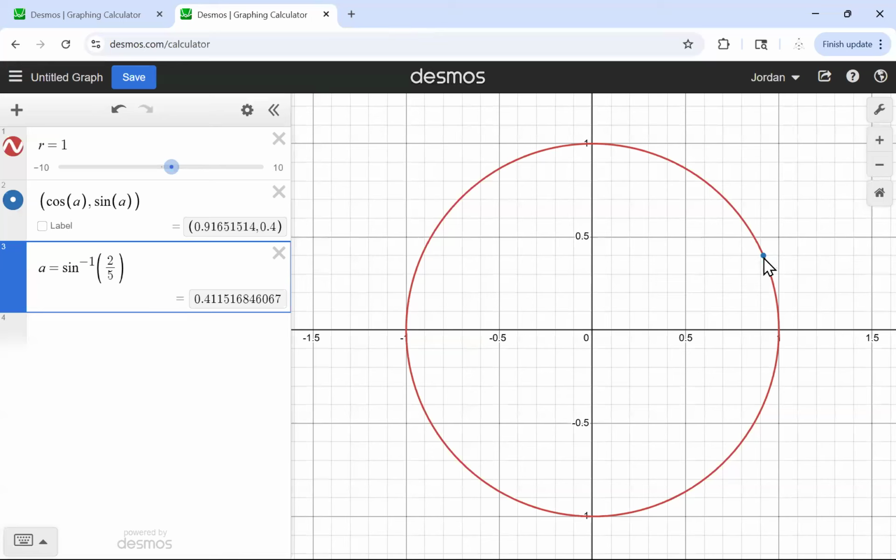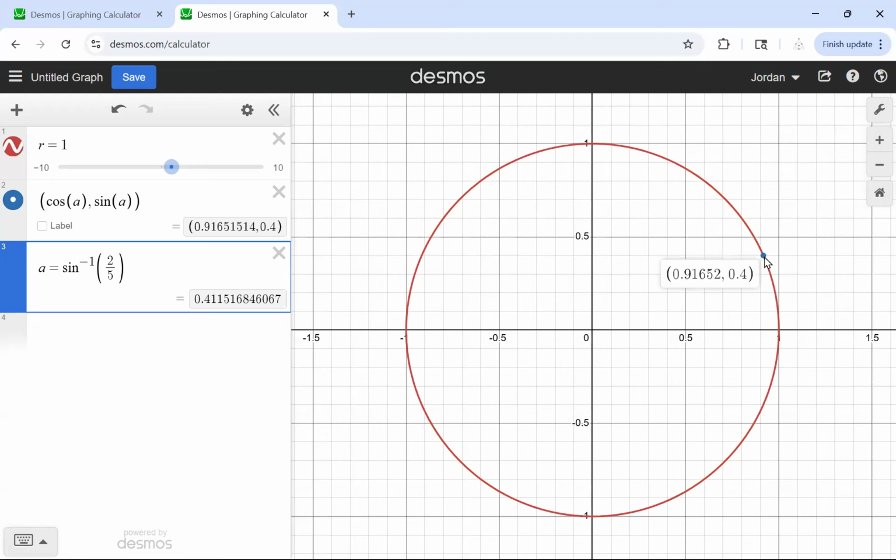If you do forget, just let me remind you that if we have the unit circle, that's a circle of radius 1 centered at the origin. And if I found the inverse sine of 2/5, that means we're at this angle here, where the sine value or the y value was 2/5. So that 0.4 there is 2/5.